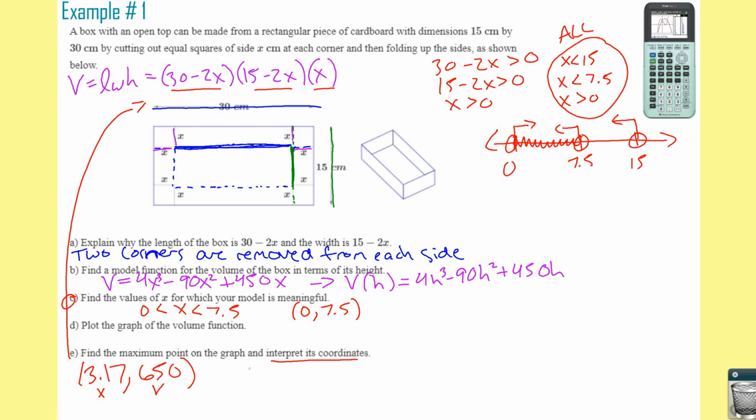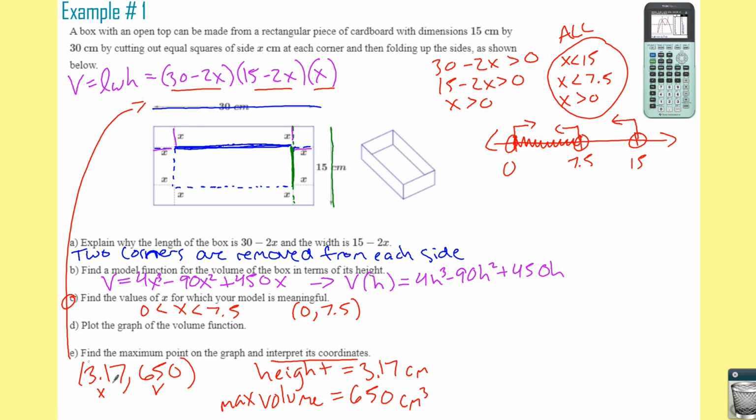All right, so here it says that x is 3.17, so that means the height is 3.17 centimeters. The volume, the max volume, actually, because we found the maximum, is 650 cubic centimeters.